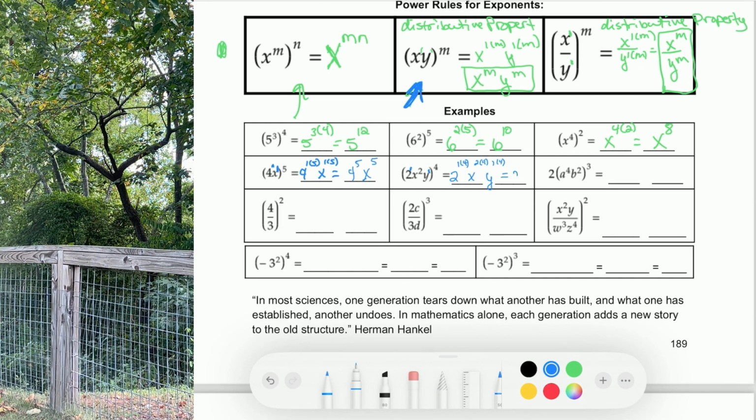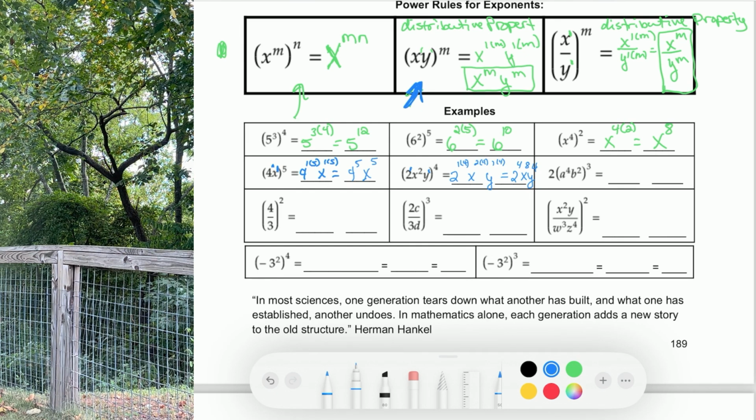This becomes 2 to the power of 4, x to the power of 8, y to the power of 4. And hopefully you can write smaller than I did on here to get your answer to fit in there.